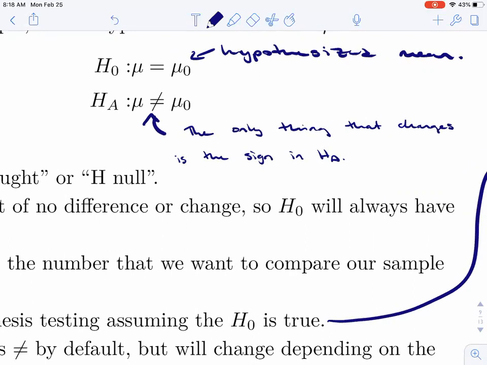Besides the sign here in the alternative hypothesis, everything else stays the same, right? Except this is your null and this is your alternative hypothesis. And so that's important to keep in mind too, right? That you have the same thing going on up top that you have on the bottom, just changing the sign. Right? They can't be equal to anymore.